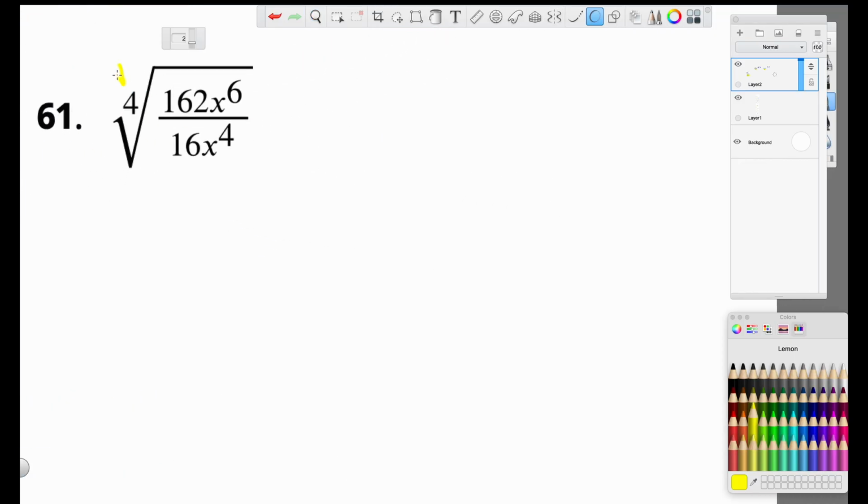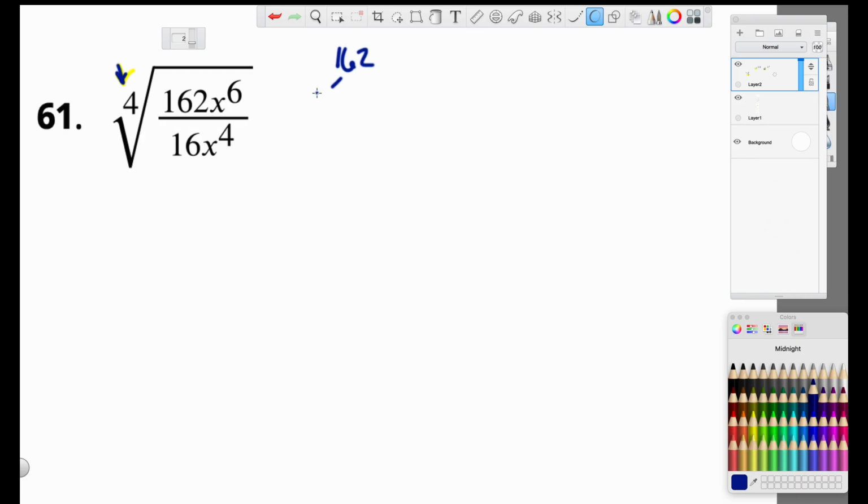Okay, this right here, that 4, means the 4th root, right? So what number times itself 4 times gives us this expression under the radical? So when we do our factor tree now, let's see if we can find sets of 4.